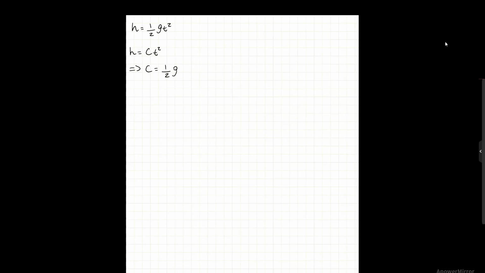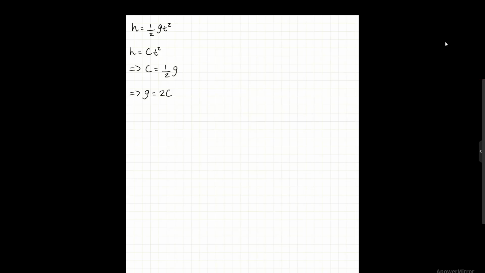Well, if I want to solve for g, it's just a matter of simple algebra. You just put g on the other side. So that means, therefore, that g is equal to 2 times C. So if we take our C value and we multiply it by 2, we will get our g value.